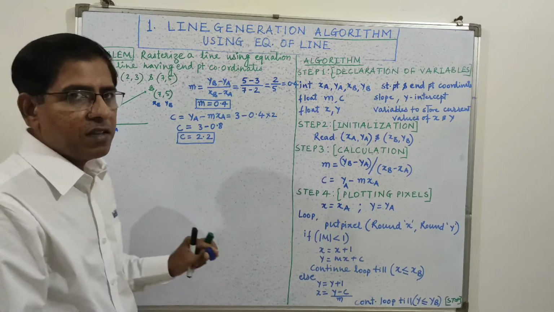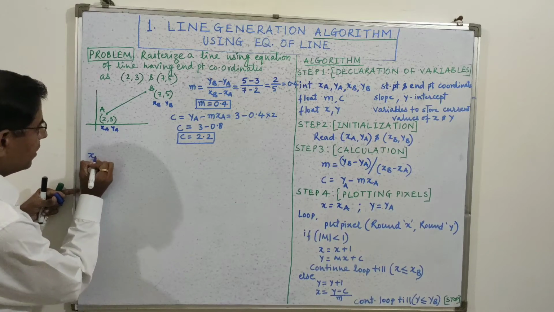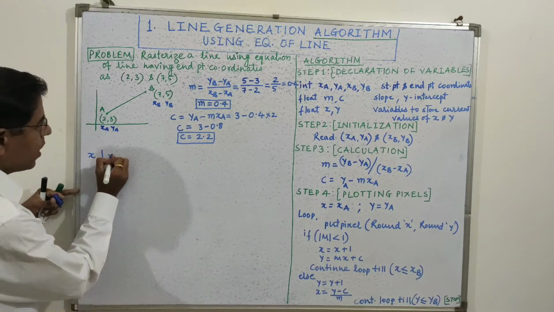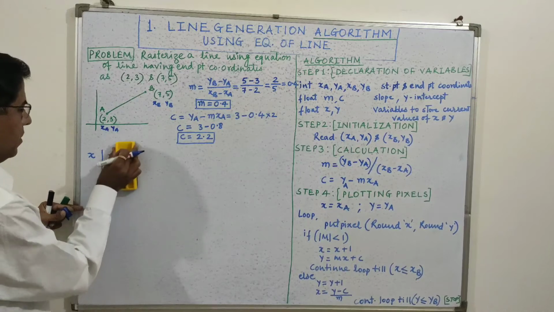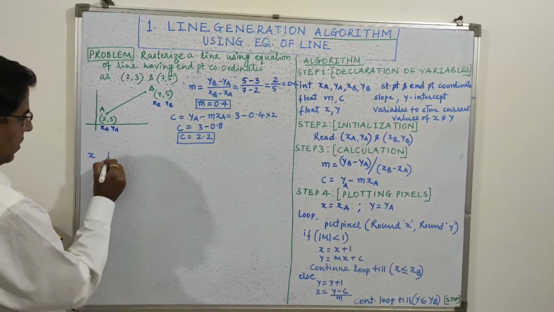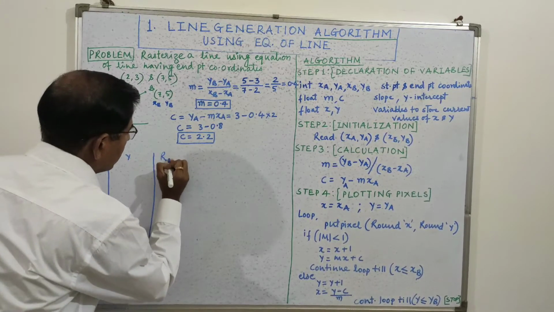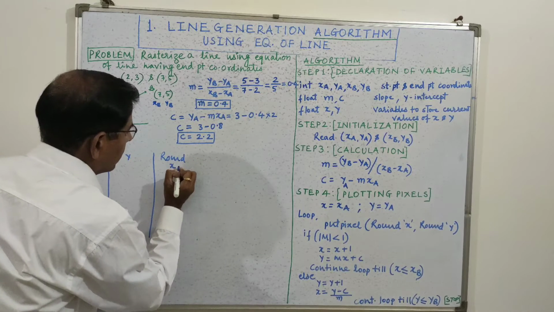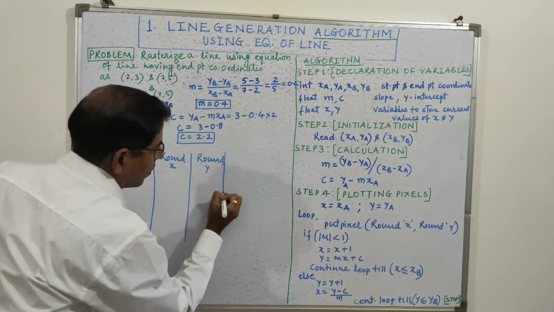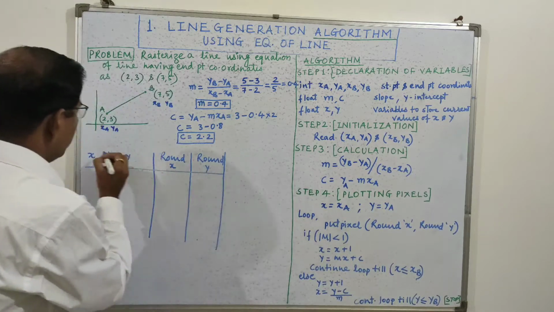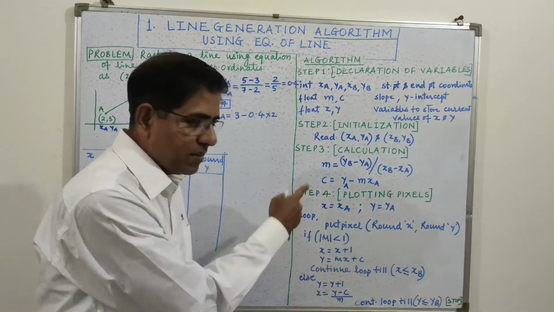Okay. So for plotting pixels we will make one table. So we will make one table with columns X, Y, round X, round Y. So we'll plot one table here, because loop means its iterations.